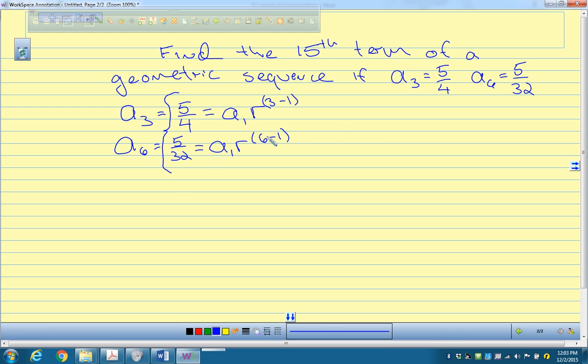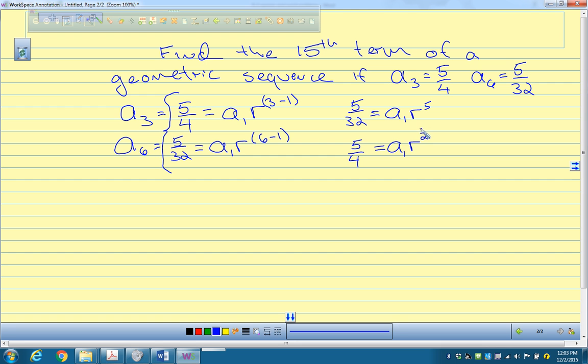So I'm going to put this term on the top, so I'm going to say that 5/32 equals a sub 1 times r to the 5th. Everyone with me there? Okay? And down below it, I'm going to put 5/4 equals a sub 1 times r to the 3 minus 1, which is 2.